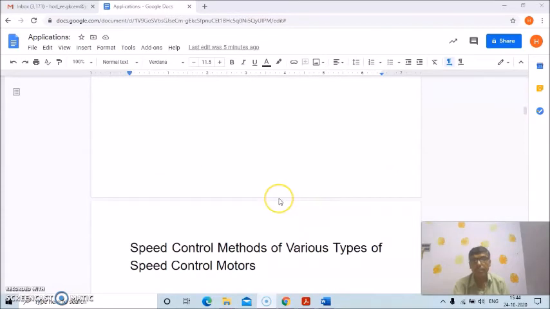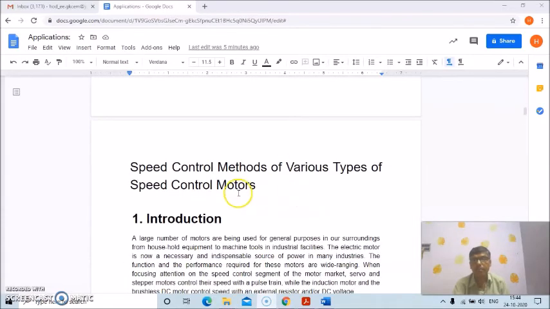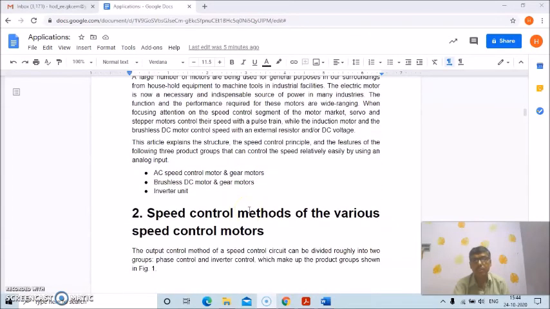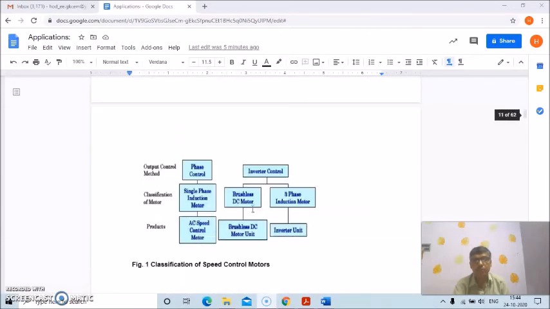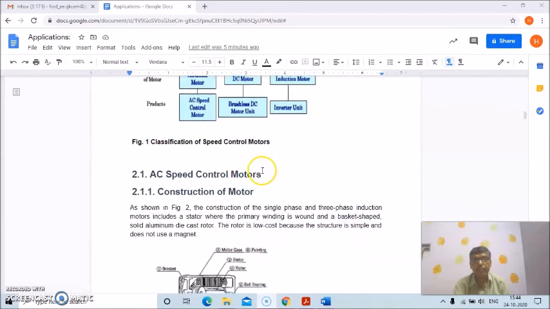Then various speed control methods of the different motors, actually the block diagram or classification of the speed control of motors is also shown.